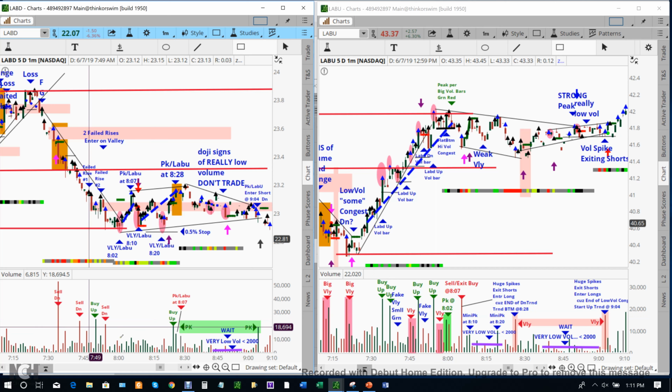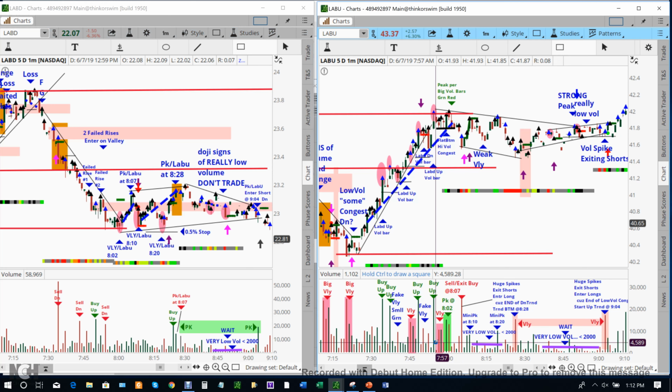So 7:56 over here on the LabD says down, which means that 7:56 on the LabU should be up. So 7:56 here is up according to LabD. 7:55 according to LabU is up. So we have two ups in a row, and then this one says a valley.